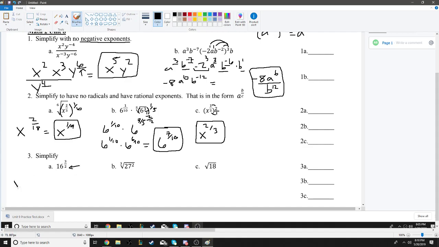So this is the square root of 16, and the numerator up here, that is our power. So we know the square root of 16 is 4, so this becomes 4 to the 3rd power, which is 64.